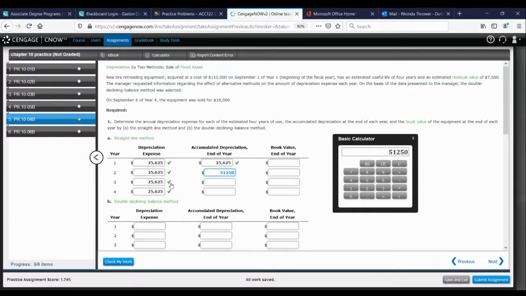Each year the depreciation accumulates, so we would add in year three the 25,625 to get the total amount of accumulated depreciation at 76,875.